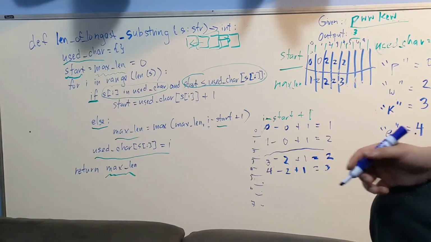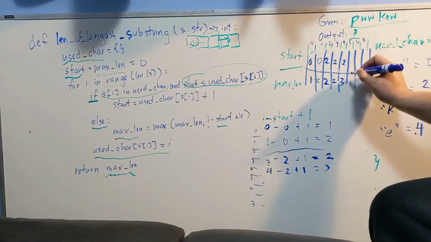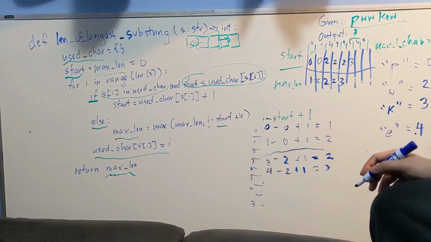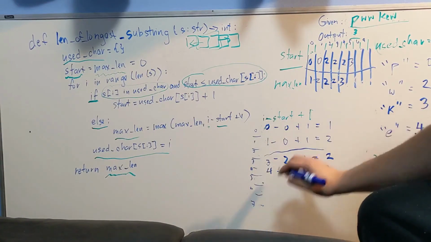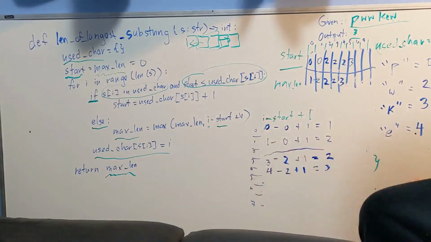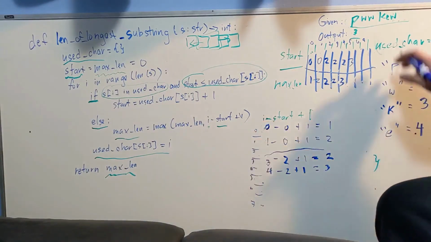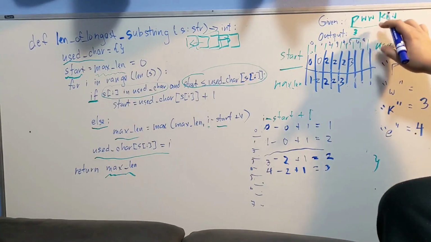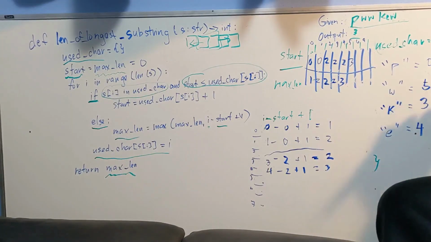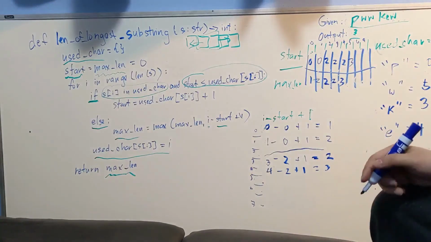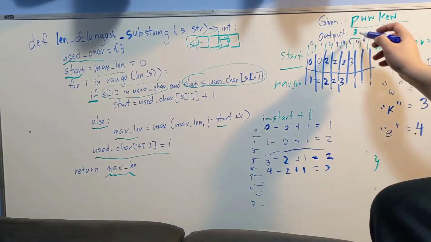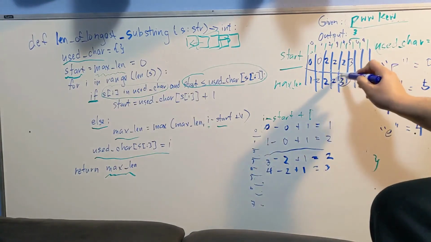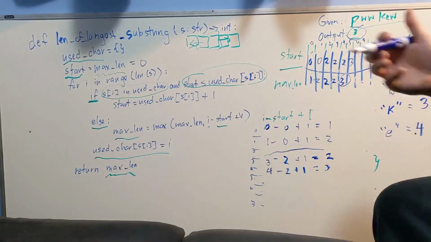So yes, we now add this plus 1. Now after that, we update the key because it exists with 0, 1, 2, 3, 4, 5. And we iterated the whole string. Now the max length, we return that, which is this one. There we go.